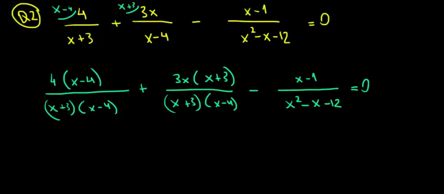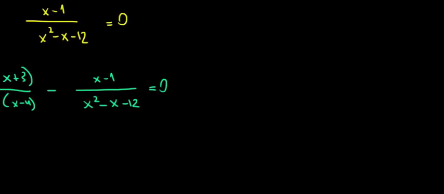Now, in the first two terms we have the same denominator, but let's see what happens in the last term. What is x squared minus x minus 12? Let's solve it over here. Let's use our shortcut, where we take x, and we must have two numbers that when we multiply we get minus 12, and when we add them with the term of x we get the middle term, minus x.